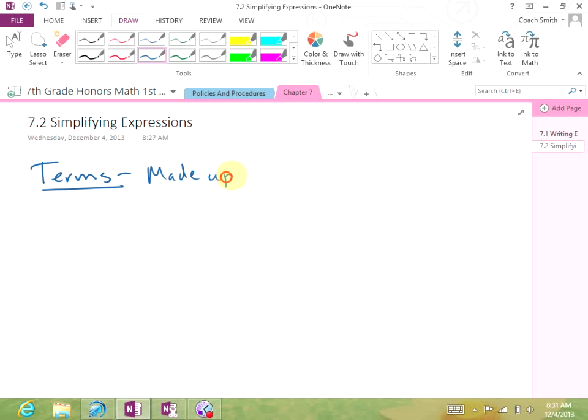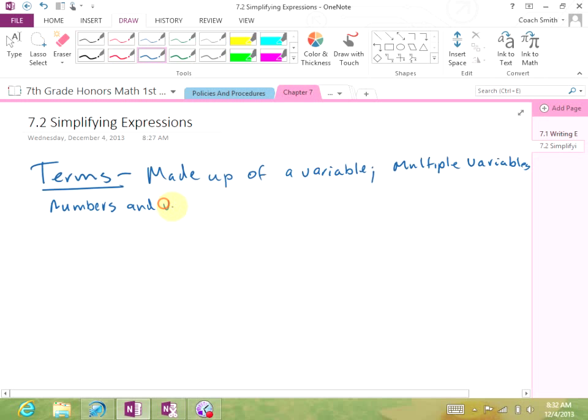can be made up of a variable, multiple variables, numbers and variables, or numbers.